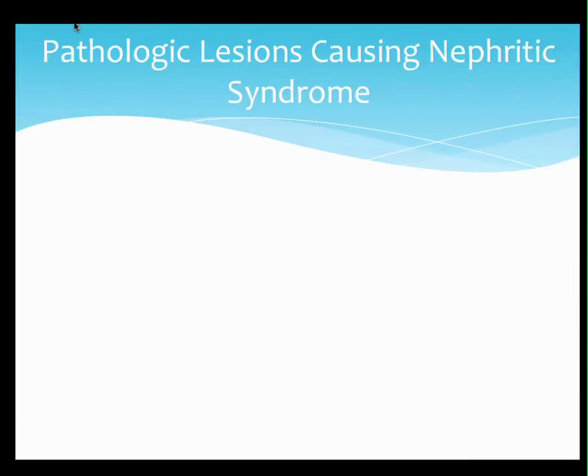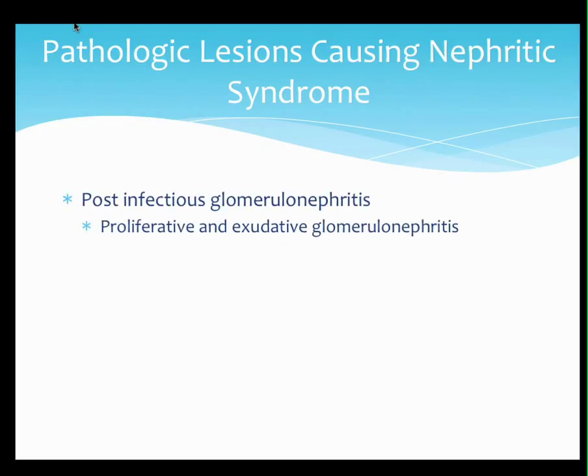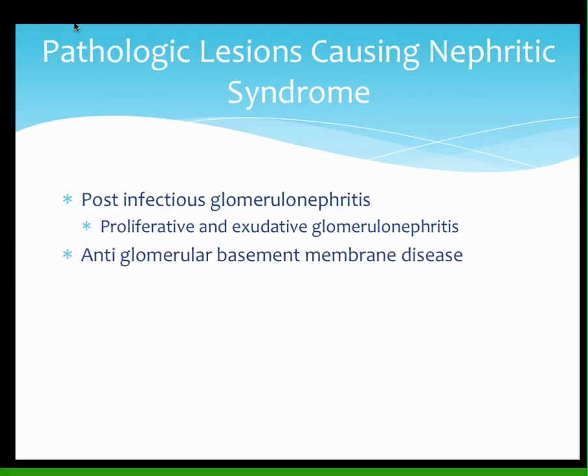So let's take a look at the different pathologic lesions that can cause nephritic syndrome. One of the most important is post-infectious glomerulonephritis, also called by its morphologic name proliferative and exudative glomerulonephritis. This particular name describes exactly what's going on pathologically in this particular process.